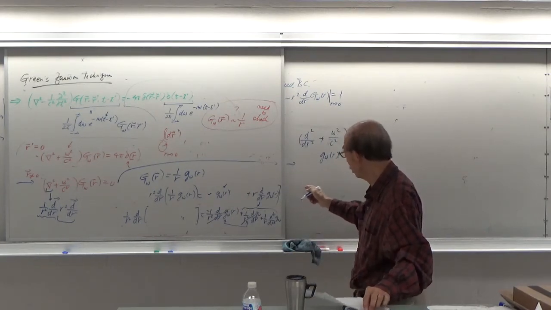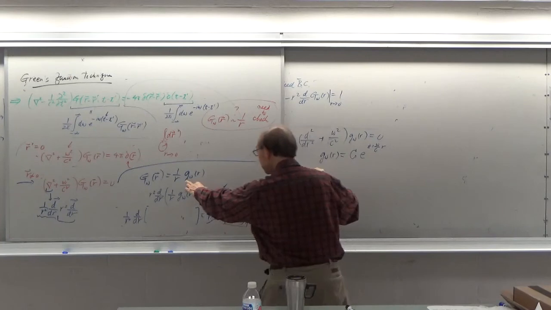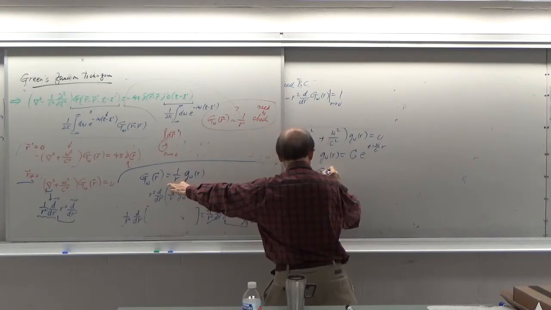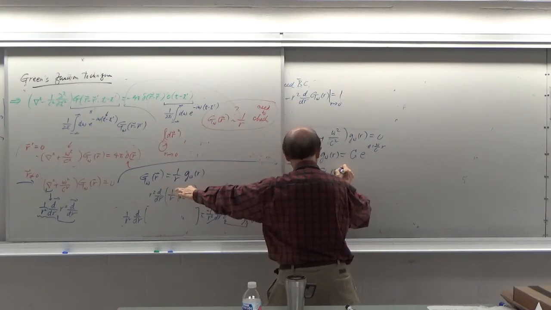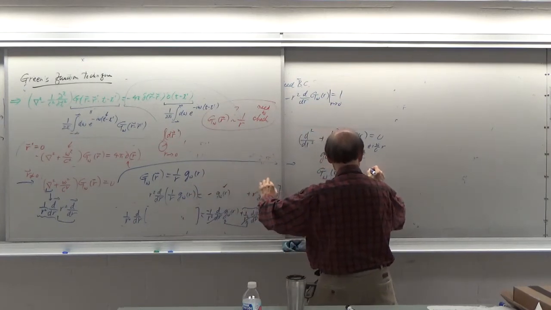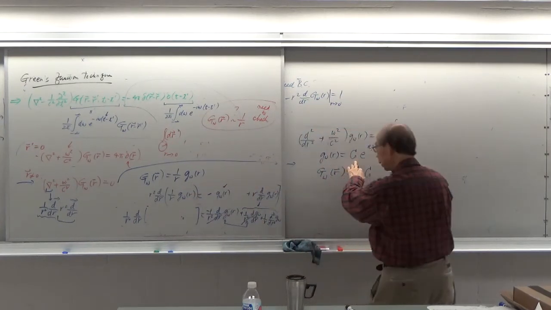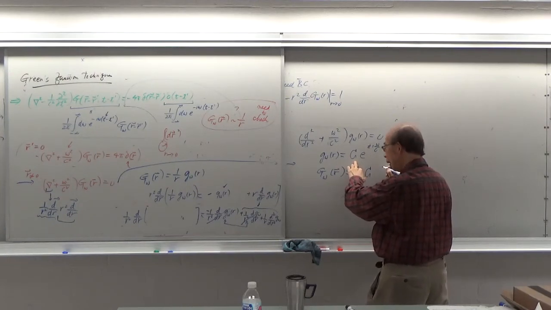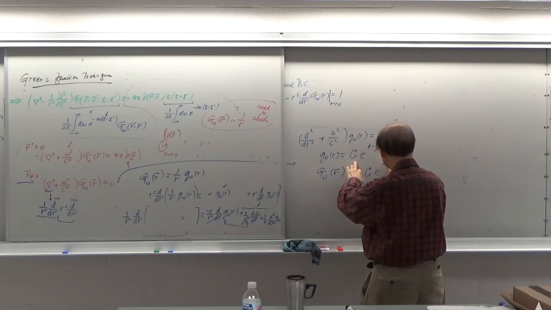That's the small g. And now the big G is what I want. Big G omega of r is equal to 1 over r times this, with a constant factor that I have to determine, e to the plus or minus i omega over c r.